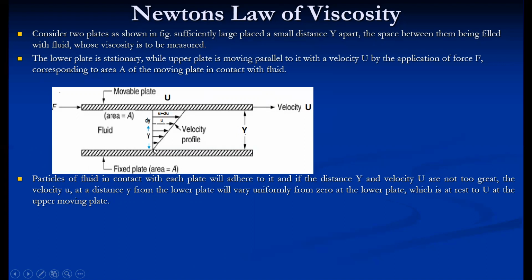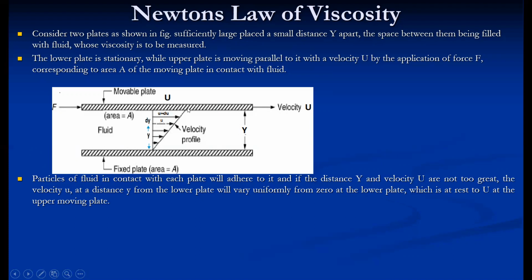The fluid adhered to the lower plate possesses the plate's velocity, that is zero velocity, because it is at rest. This velocity increases from zero at the lower plate to the maximum U at the upper moving plate.